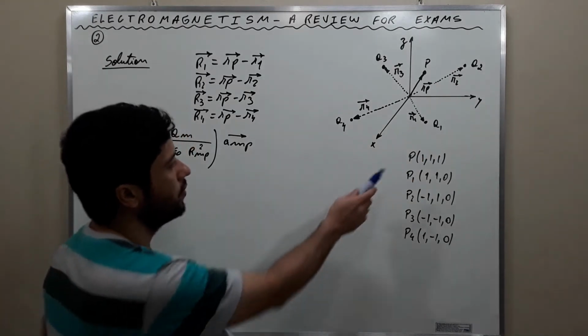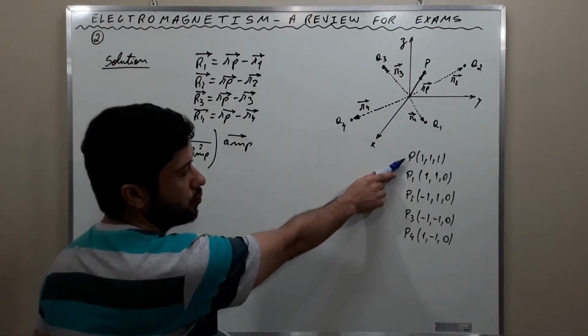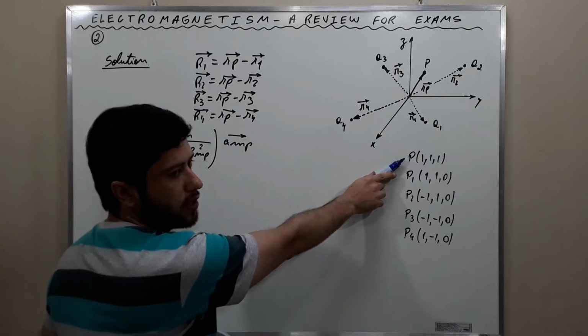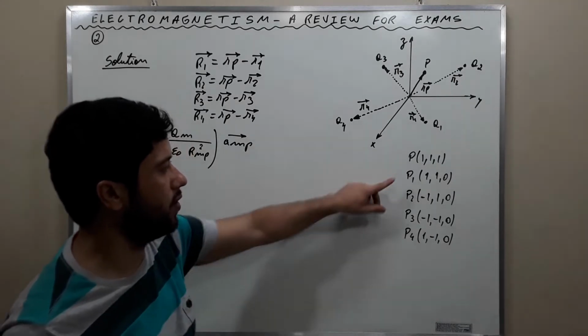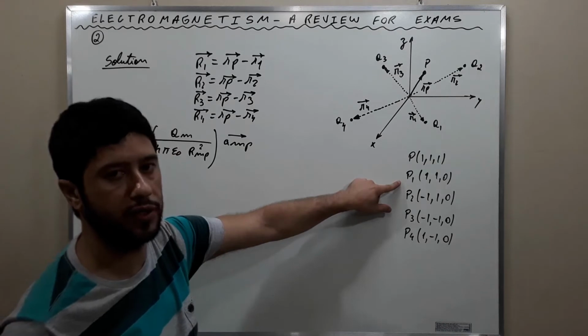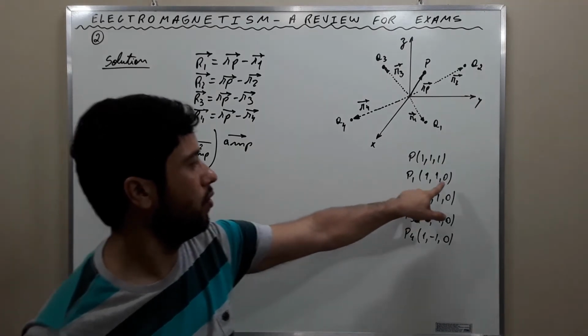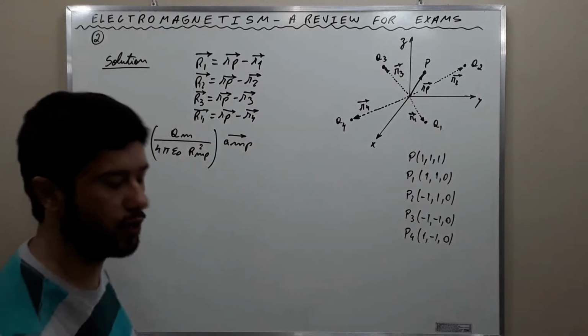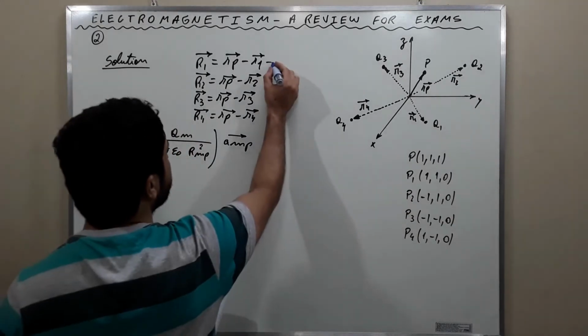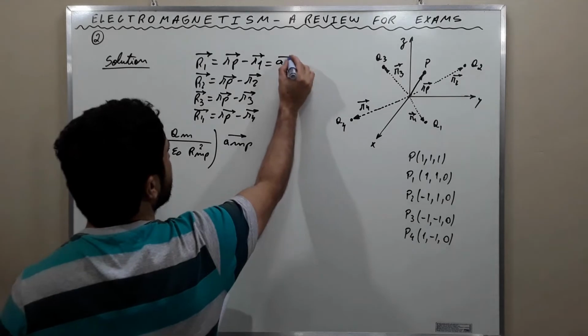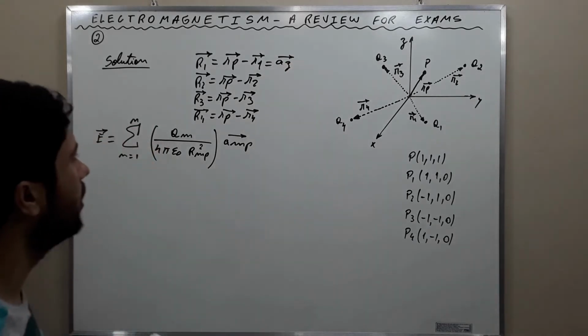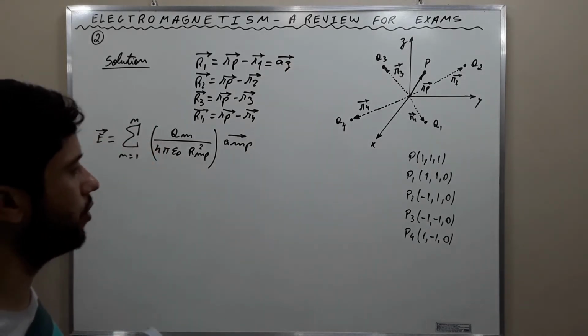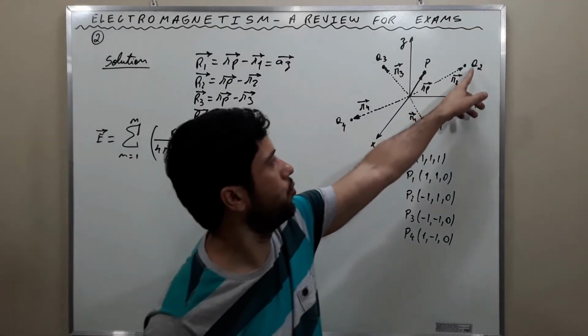This is AX plus AY plus AZ, and this is AX plus AY. For this point, AZ is 0. So the difference between them is AZ only.